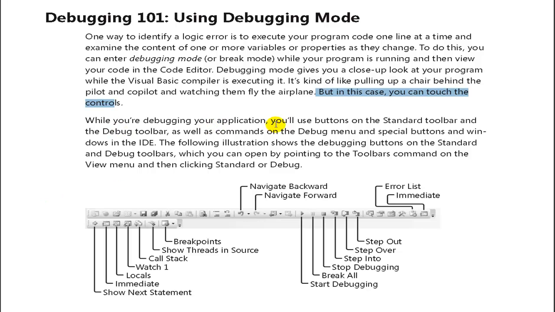While you're debugging your application, you'll use buttons on the standard toolbar, and we'll show the debug toolbar as well, and special buttons and windows in the IDE. The following illustration shows the debugging buttons on the standard and debug toolbars, which you can open by pointing to the toolbars command on the View menu and then clicking Standard or Debug.